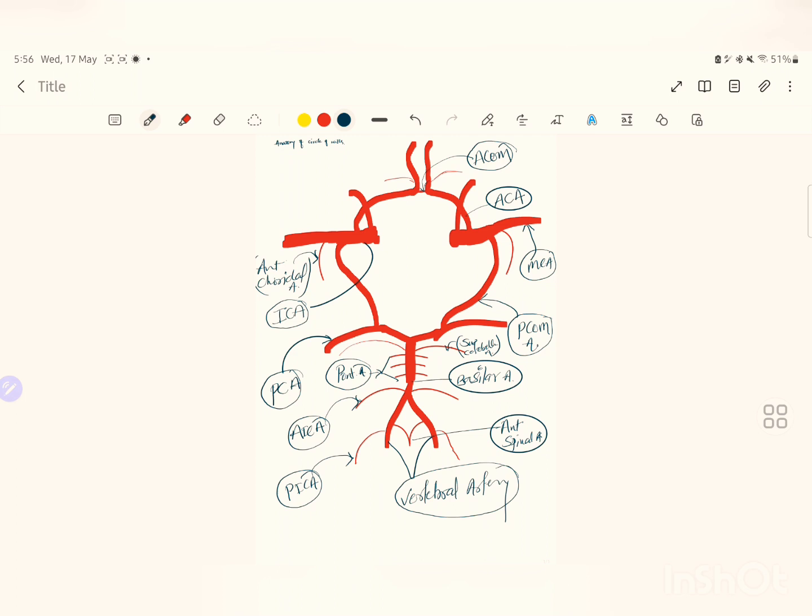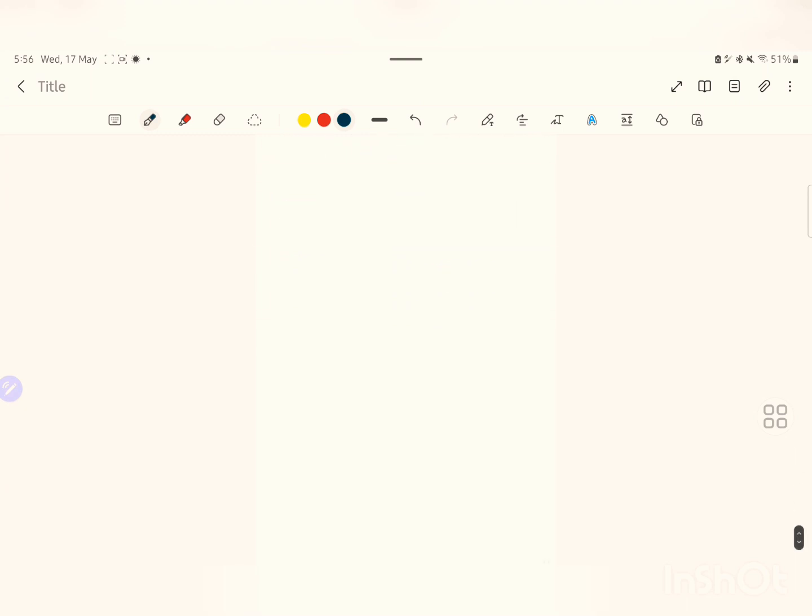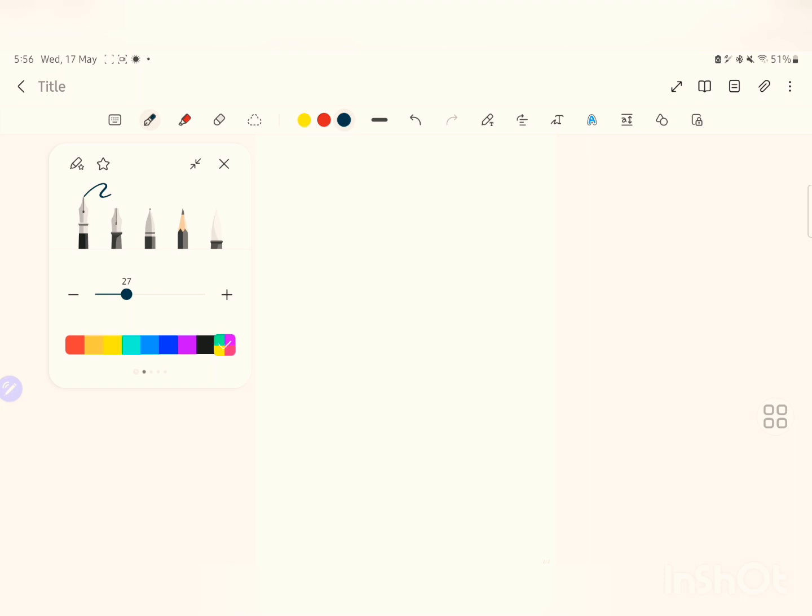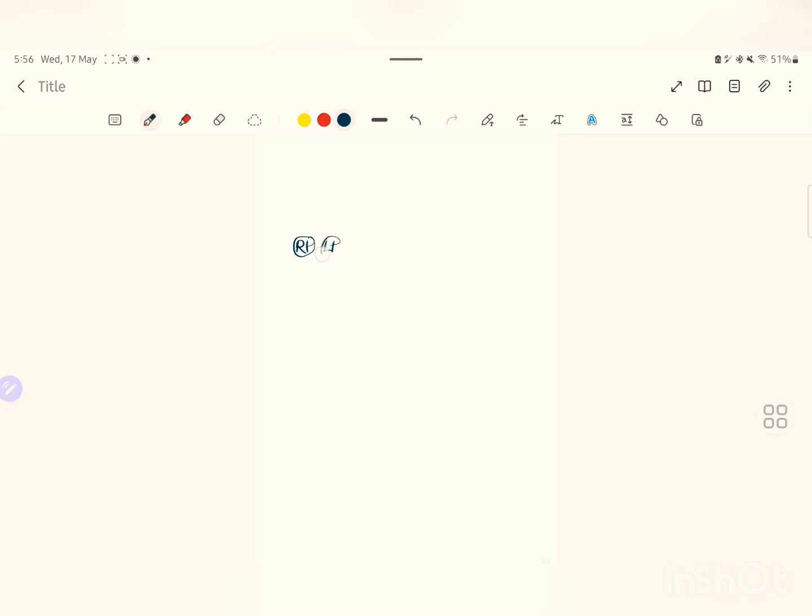Okay, so next we will see the components of the circle of Willis. Which arteries join and form the circle of Willis? Let's see. First, right and left anterior cerebral artery. These arise from the ICA and are joined by anterior communicating artery.